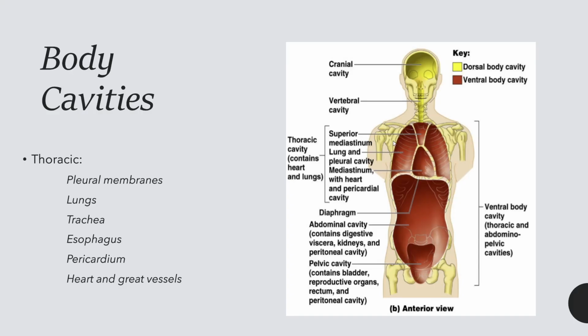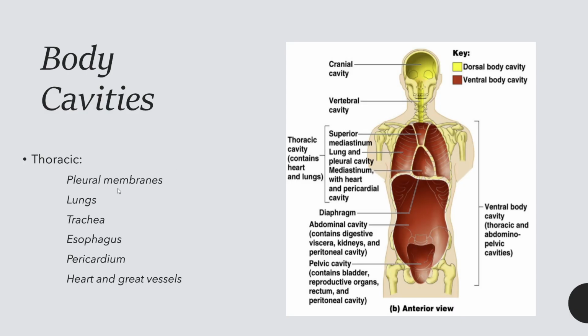We also have different cavities of the body. This is just another way of talking about where different organs lie. First cavity we'll discuss is the thoracic cavity. So the thorax is kind of where the ribs house all these organs in the chest area.